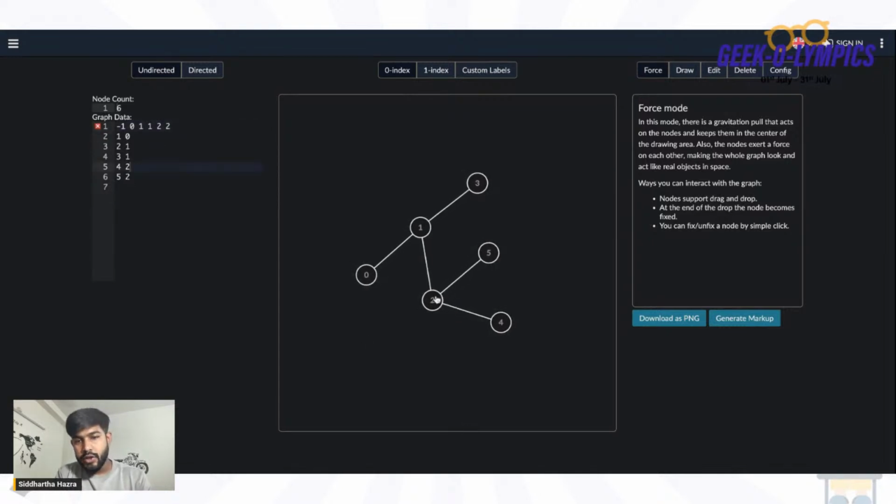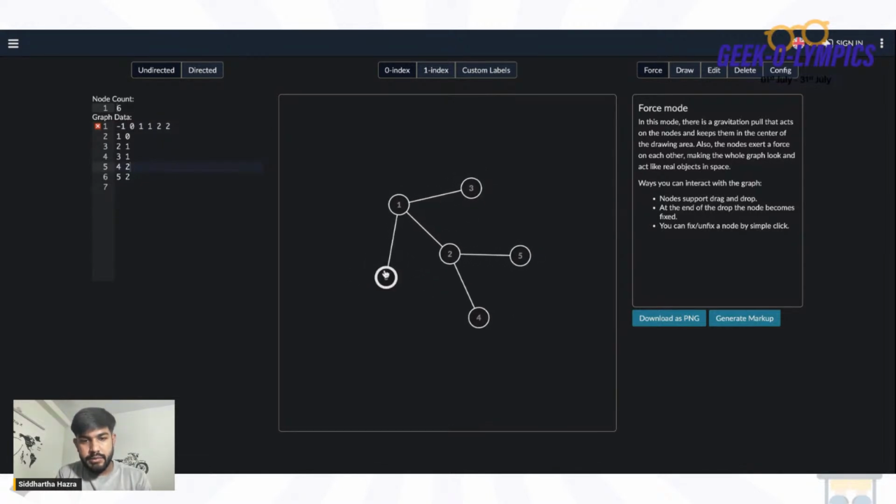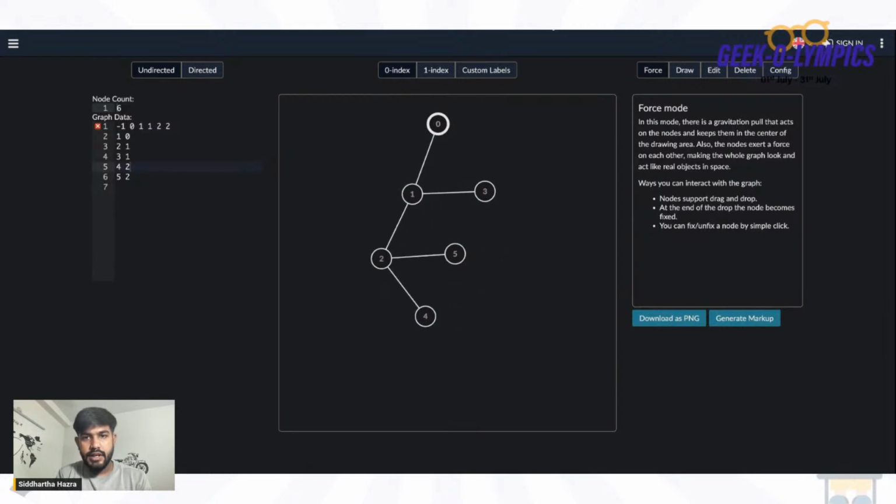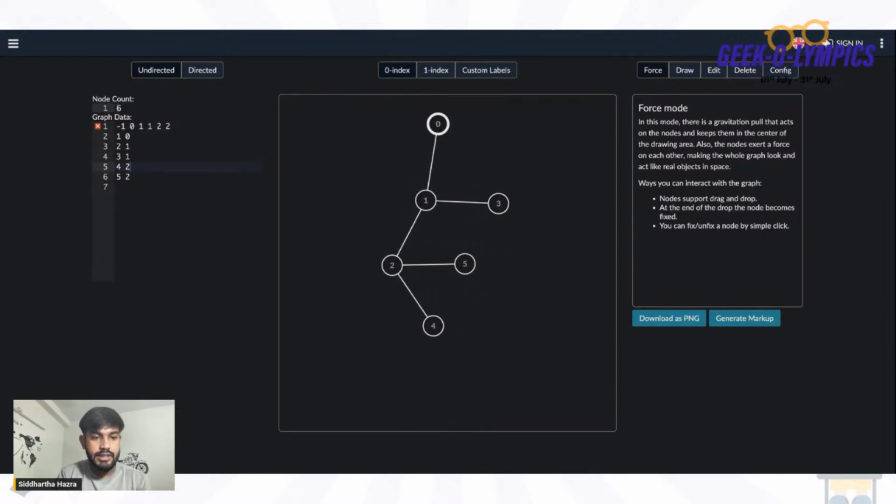Okay, so this would be the kind of tree. So what is the answer for this?